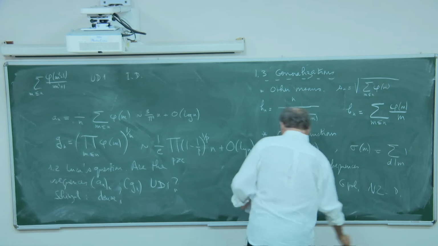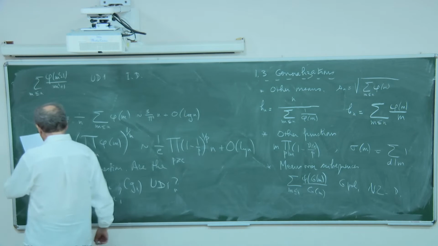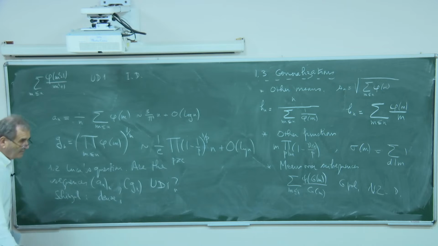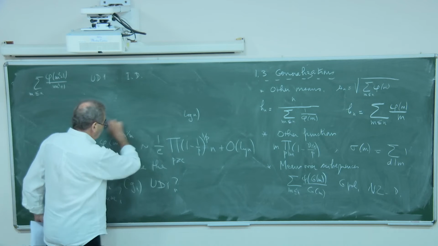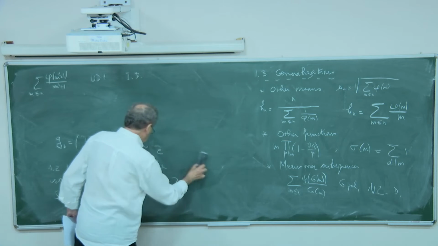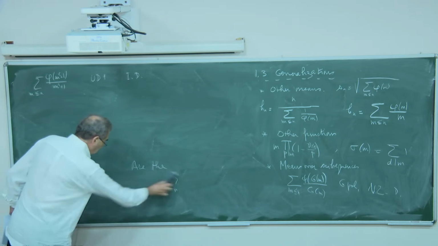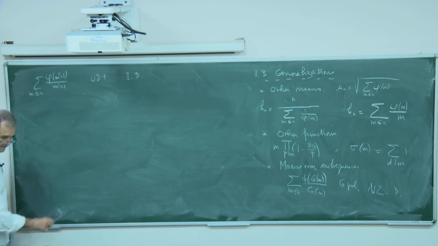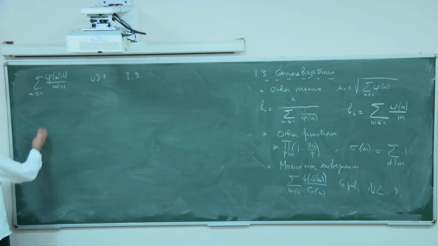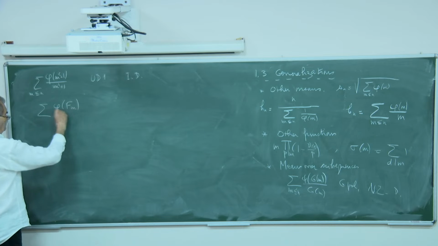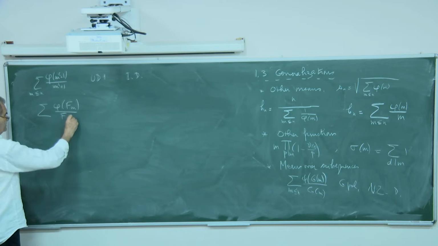Essentially we looked a lot at this kind of thing, and it can even be some very highly increasing exponential function, but of course with good arithmetic properties. You need to have some arithmetic in it, and for example, this is the summation of phi of f of m over f of m, where f of m is the Fibonacci number.